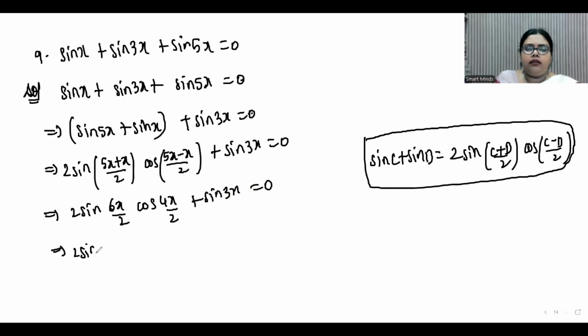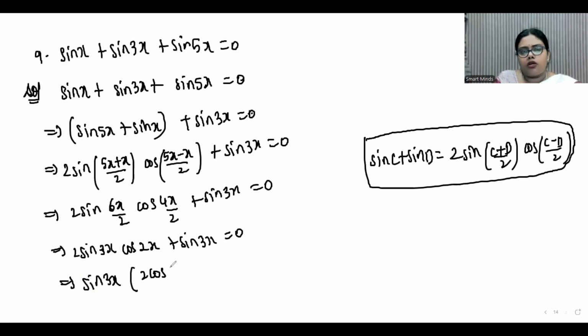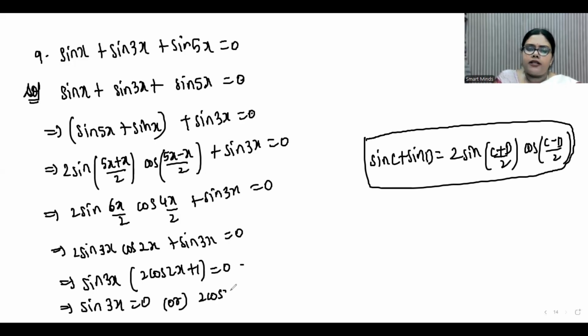So 2 sin 6x/2 is 3x, cos 4x/2 is 2x, plus sin 3x. Now if we take sin 3x common, we will get sin 3x into (2 cos 2x plus 1) equals to 0. So that means either sin 3x is 0 or 2 cos 2x plus 1 is 0. If 2 cos 2x plus 1 is 0, then cos 2x is minus 1 by 2.